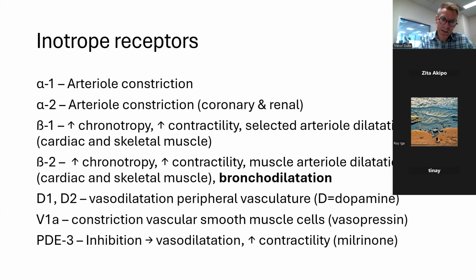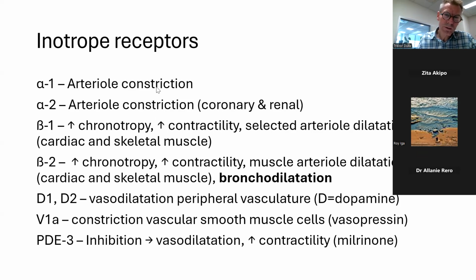Then lastly, there's a group of receptors called phosphodiesterase receptors, and the type of agents that act on phosphodiesterase receptors, PDE3 receptors, are drugs, inotropes like milrinone, and also aminophylline. Aminophylline functions by phosphodiesterase inhibition, leading to vasodilatation and increased contractility of the heart.